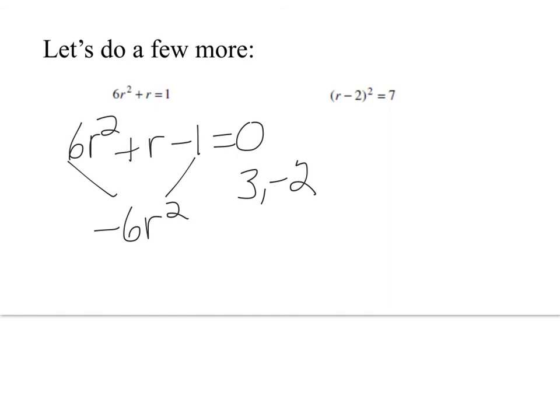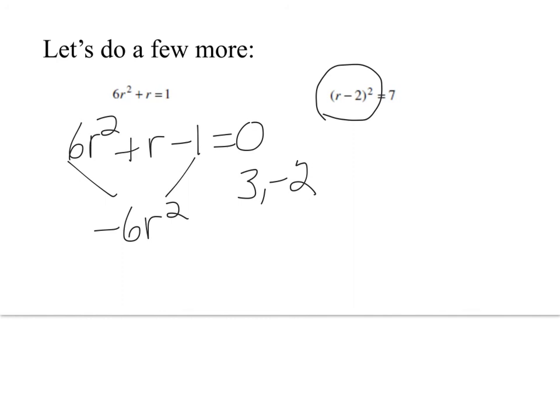So I'm probably going to go through and factor that, because that's going to take just as much time as the quadratic formula. For the second example, r minus 2 squared equals 7, I want you to realize that if you have one whole entire term squared, take the square root of each side. Don't even worry about the quadratic formula or factoring.